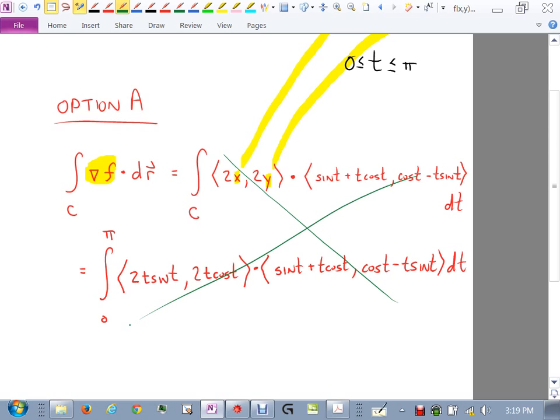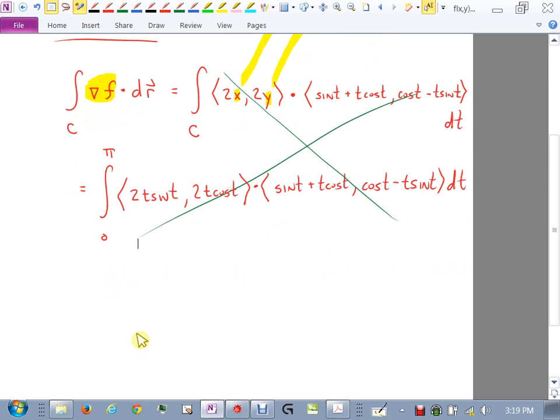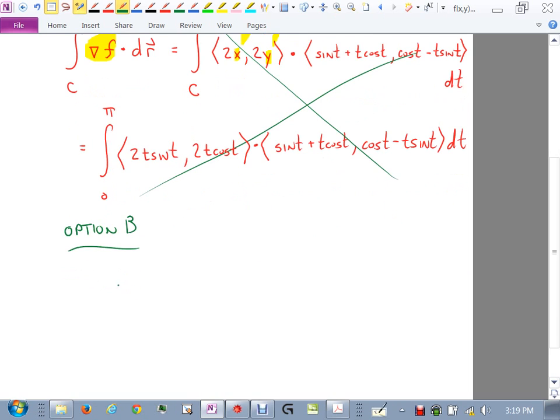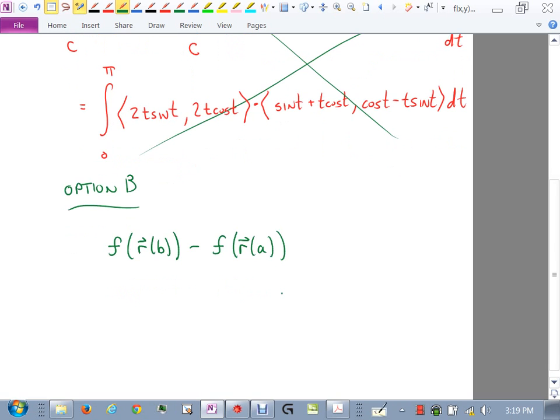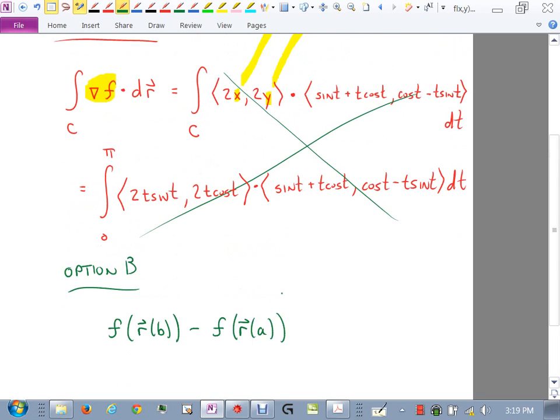You don't have to. All you have to do, so this would be option B, would be just to figure out what f of r of b is and subtract f of r of a. And you're done. So what's f of r of b?